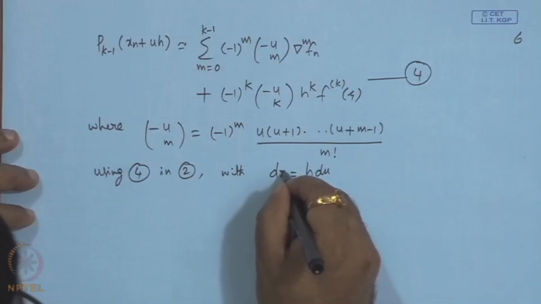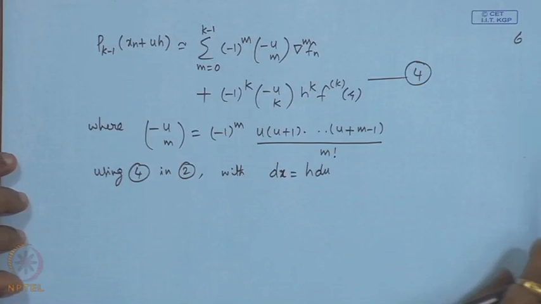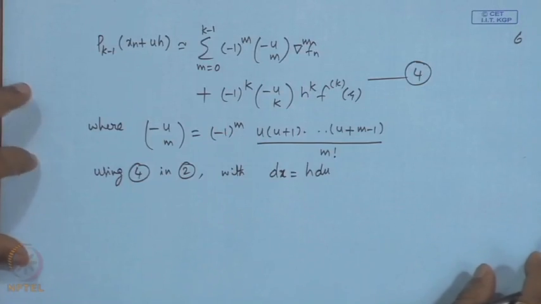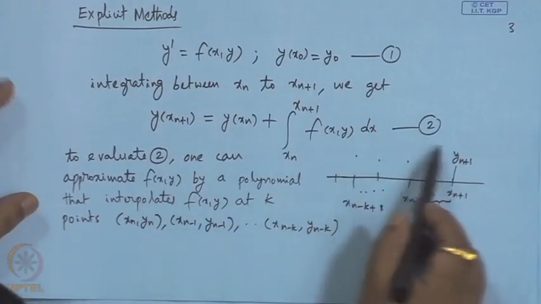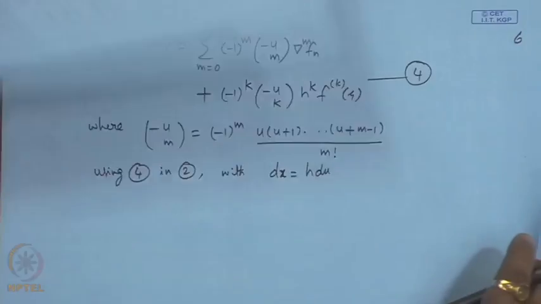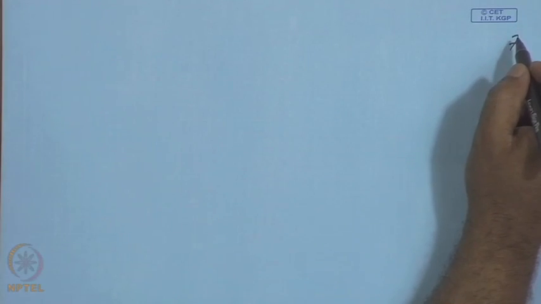This is because of the change of the variable. So, now when we substitute this in the integrand, the expression 2 reduces as follows.